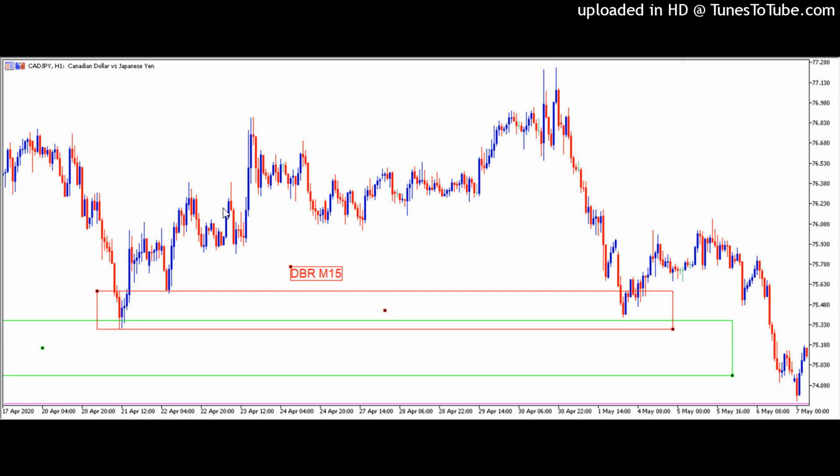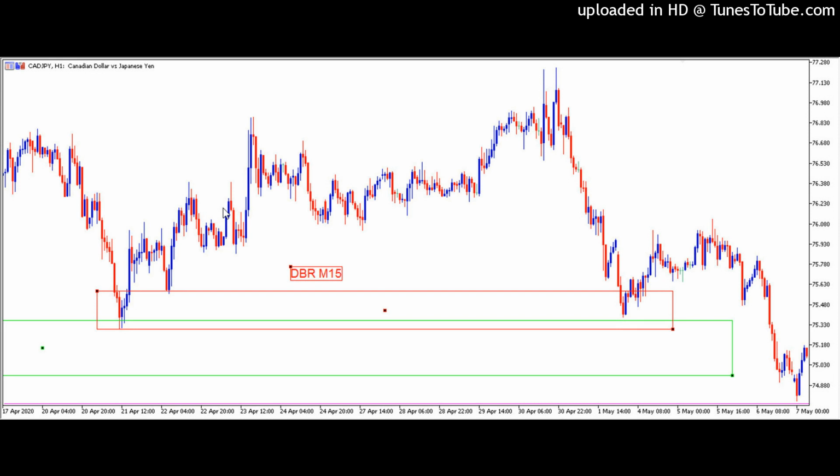So how we would ideally trade this is to wait for the manipulation to occur in London, and then we will look for an entry before price distributes lower. Also, we see that the high of the day was made during London session, and the low of the day was made during the New York session.